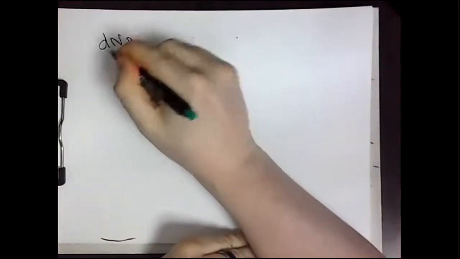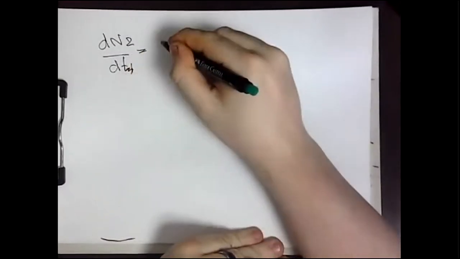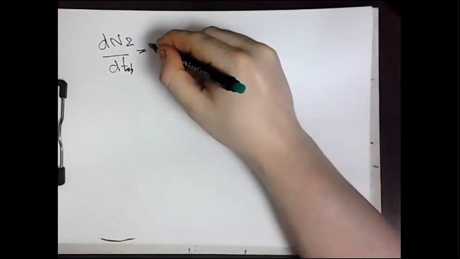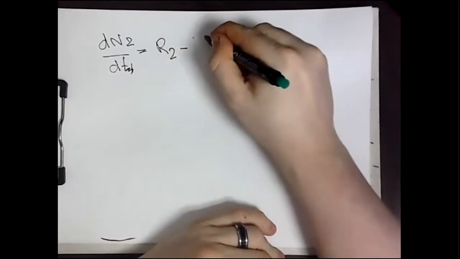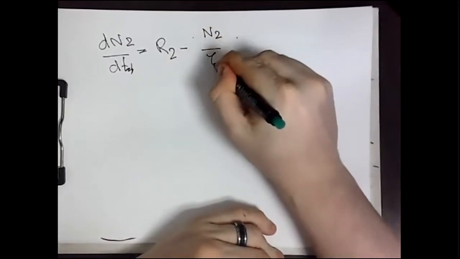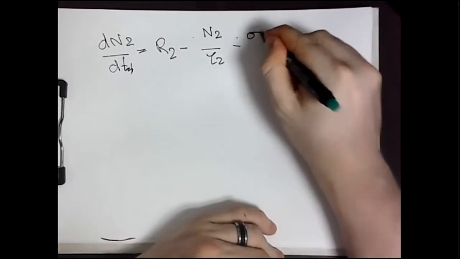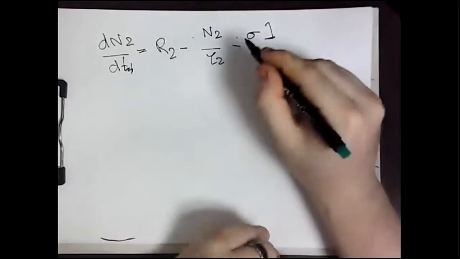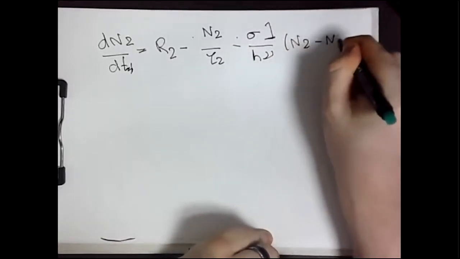Let's start with the equation for the energy level E2, which says that dN2/dt equals, first we have R2, then minus N2/τ2, then minus again σI/hν (N2 − N1).